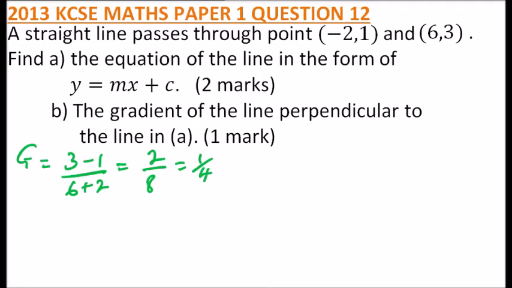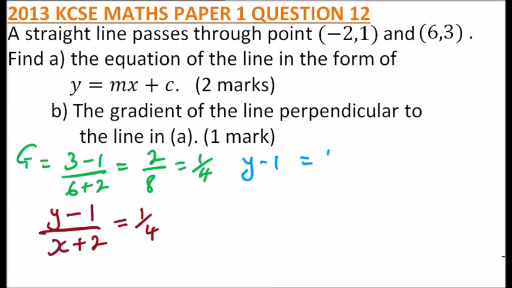The equation will say, we take an imaginary point (x, y), so you say y minus 1 divided by x minus (-2), that will give us x plus 2, is equal to 1 over 4. So we simplify that and we will get y minus 1 is equal to a quarter x, we cross multiply, then 2 times a quarter will give us a half.